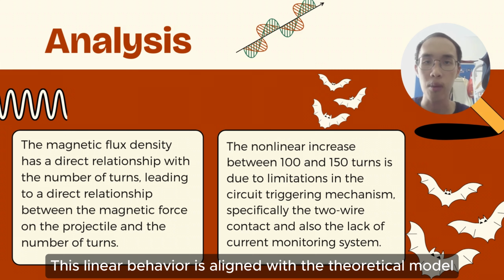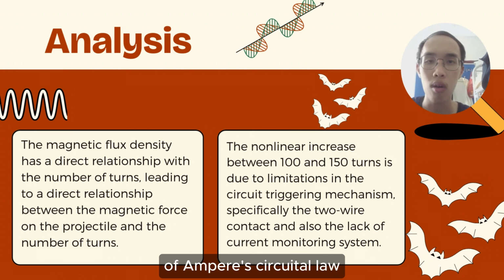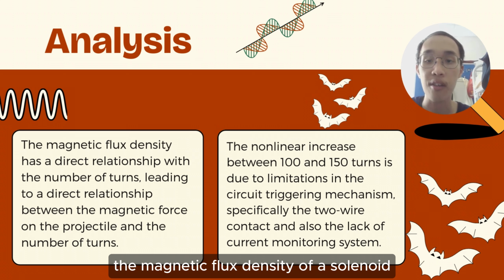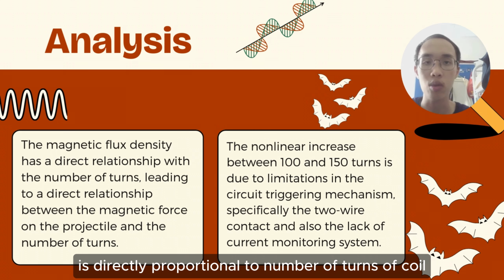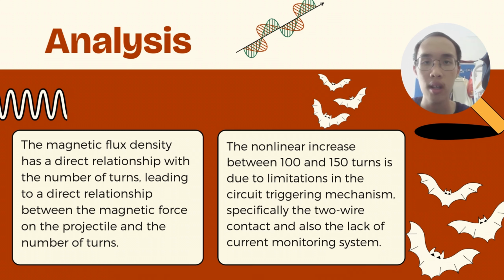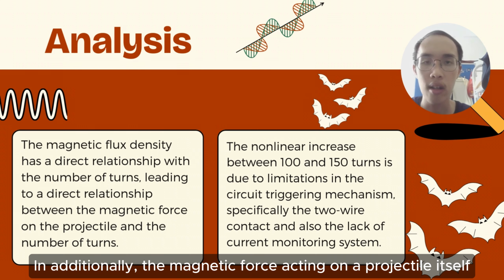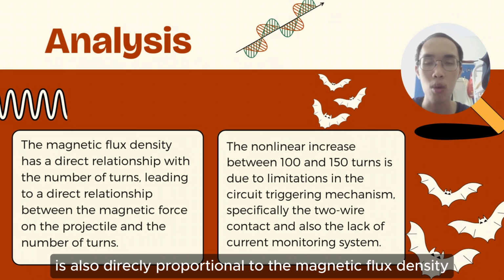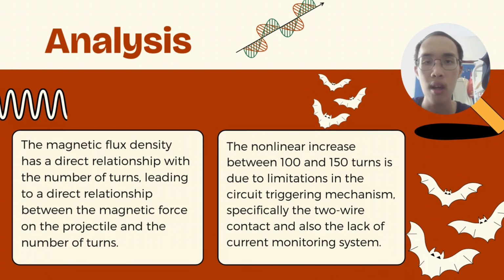This linear behavior aligns with the theoretical model of Ampere's circuital law, which states that the magnetic flux density of the solenoid is directly proportional to the number of turns of coil, and additionally, the magnetic force acting on the projectile is also directly proportional to the magnetic flux density, according to the Lorentz force.